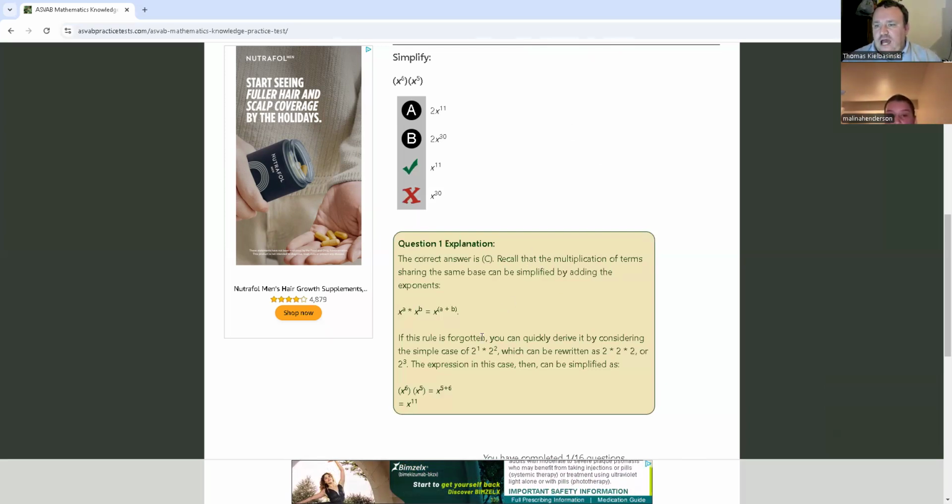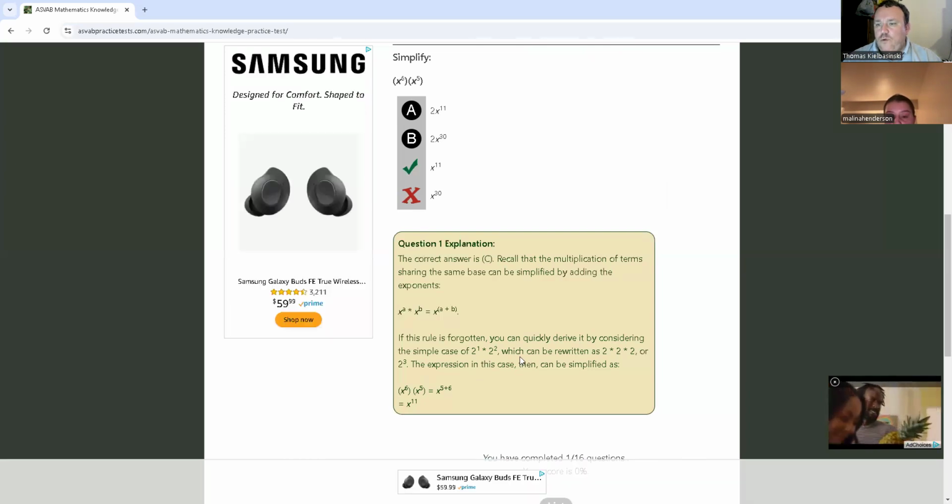So if the rule is forgotten, you can quickly derive it by considering the same case as 2 to the first power and 2 to the second power, which can be rewritten as 2 times 2 times 2. So 2 times 2 is 4, 4 times 2 is 8, which is 2 to the third power.